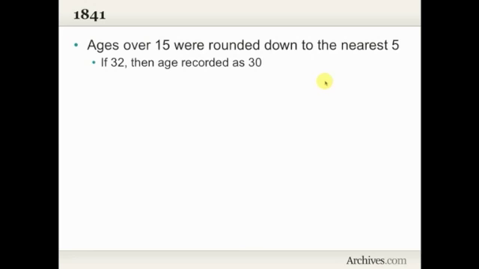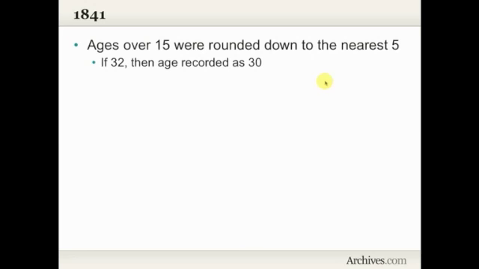So this can make it very difficult for us as we're moving back in time to make sure that we actually have the correct person in 1841, because all of a sudden, that age that we're expecting, it's going to be off by several years. And this can be compounded if the person who gave the information was a little bit off.